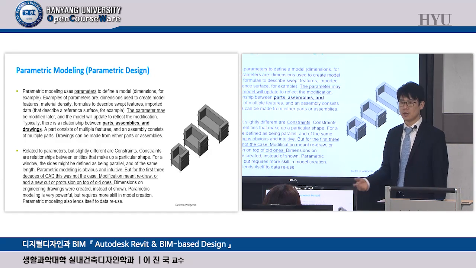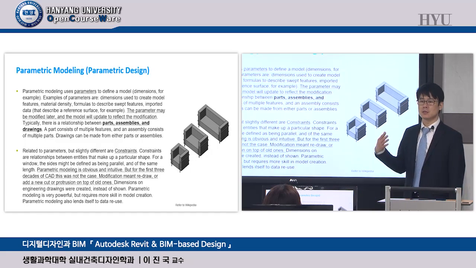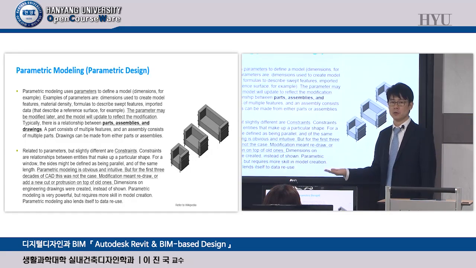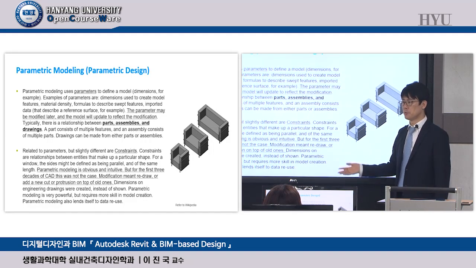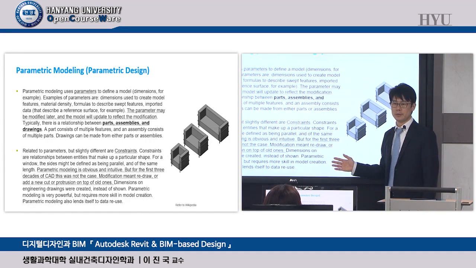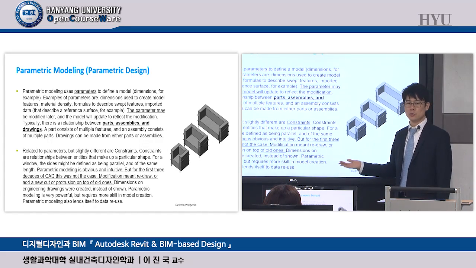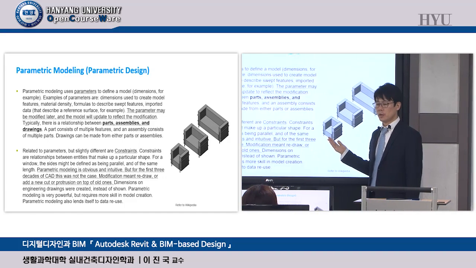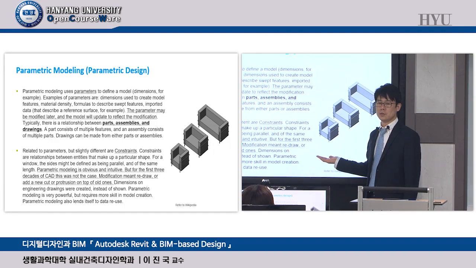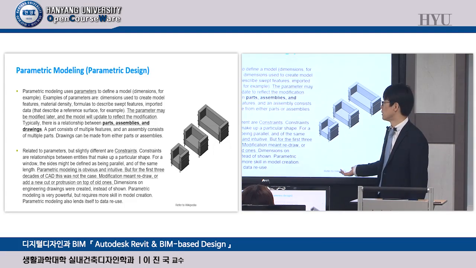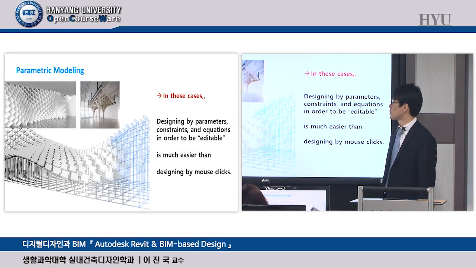Without a wall, it cannot exist. That's a basic constraint of windows. There are too many constraints, so sometimes you feel tired or annoyed. You have no freedom of editing the model. But at the end, you may understand that it is a better way, a smarter way, and so on, okay?